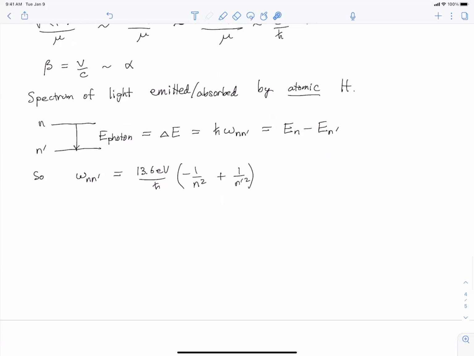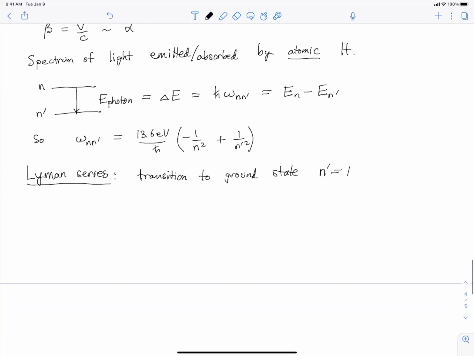So for example, there's something called the Lyman series of spectral lines. The Lyman series just involves transitions to the ground state, which means the ground state is n prime equals 1.